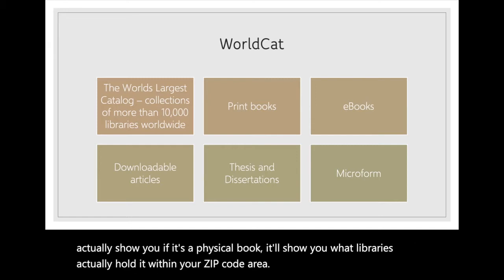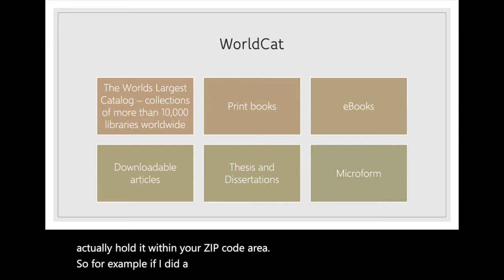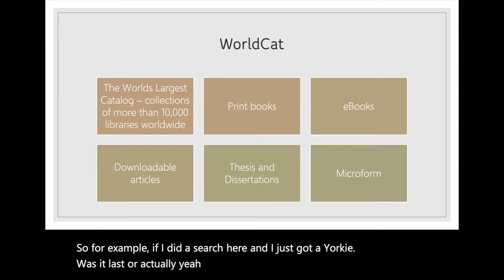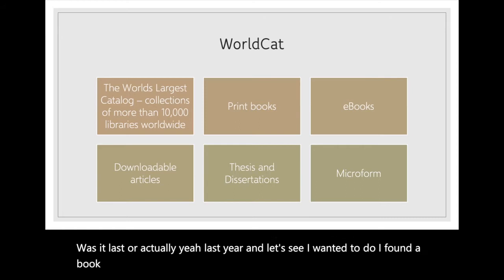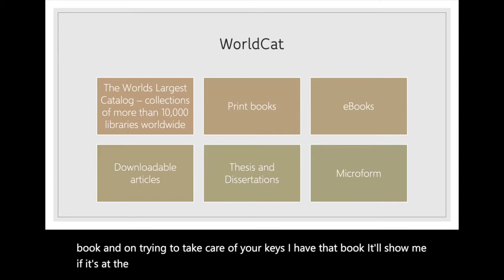So for example, if I did a search here, and I just got a Yorkie last year, and let's say I found a book on taking care of Yorkies. It'll show me if it's at the Cleveland Public Library or Cuyahoga County Library or Cleveland Heights Library.